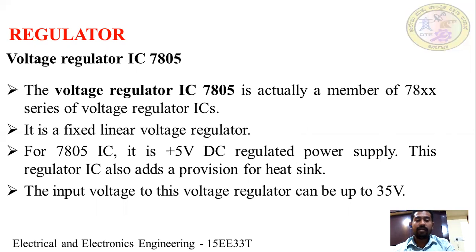For the 7805 IC, a plus 5 volt DC regulated power supply is obtained. This regulator IC also has a provision for heat sinks. The input voltage to this voltage regulator can be up to about 35 volts.